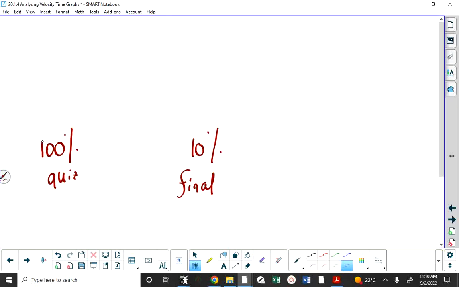Can you find the average between 10 and 100? It's 55, isn't it? 100 plus 10 equals 110, divided by 2. I'm not going to give you 55% because the final exam is worth more. Are you with me? You're going to fail the class.